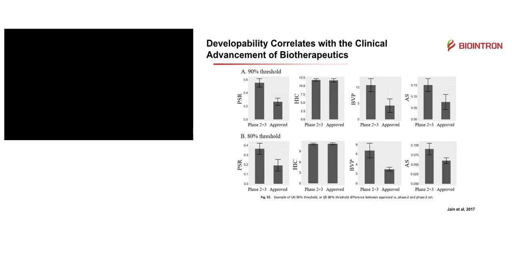That means the approved antibodies compared to the phase 2 and 3 antibodies, they have much lower non-specific binding and much lower PVP binding, which is also an indication of non-specific binding, and much lower analytical aggregation. So that was what AS means.